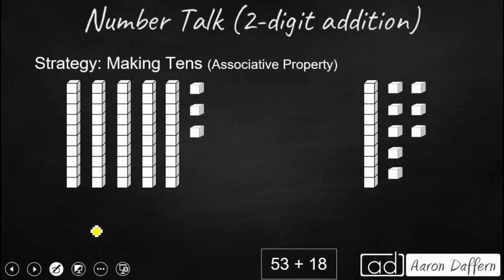So first we can use our associative property, and this is our grouping property. What we could do is look to see how we can make tens. The grouping property works when you have three or more addends. Let's look at our first addend here. We've got 53 plus 18.